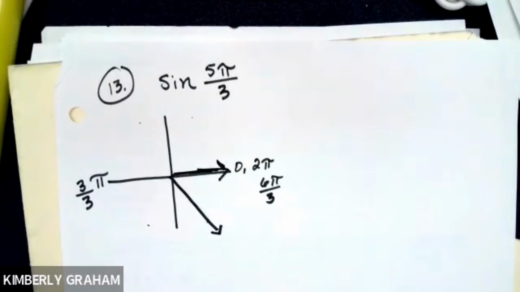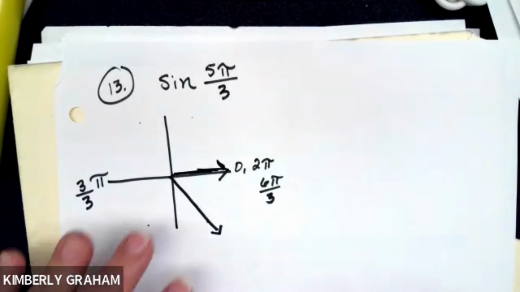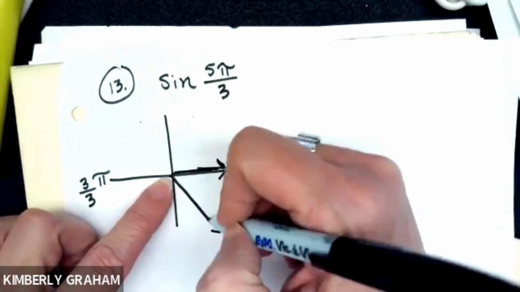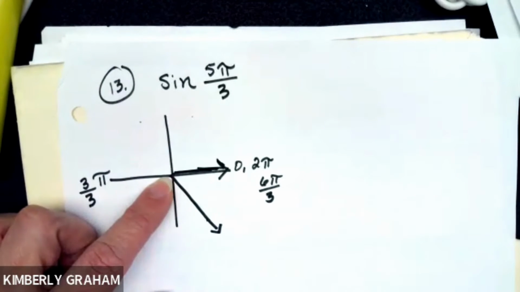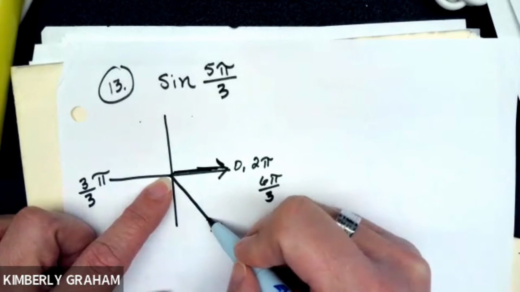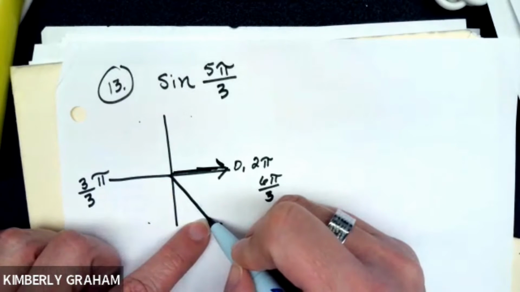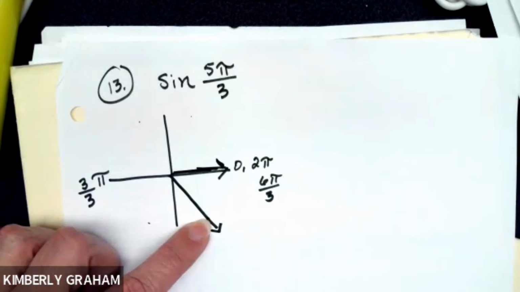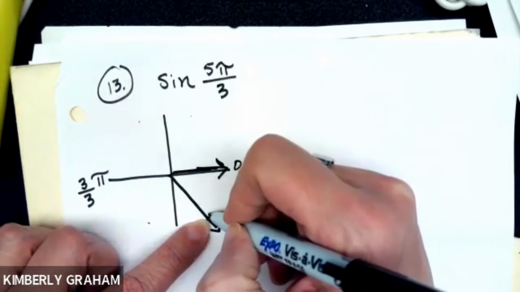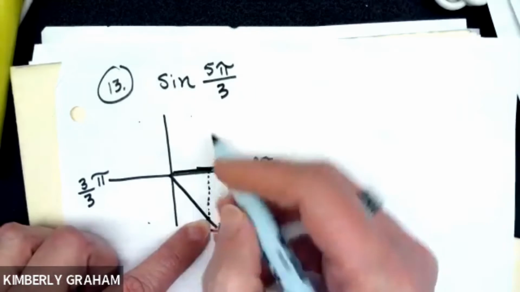My second step is to figure out the reference angle. And again, the reference angle is always made by the terminal side of the angle that you're given and your x-axis. So if you were to pick a point on your terminal side, and then make a perpendicular line to the x-axis, in this case I would be going up to the x-axis, right?